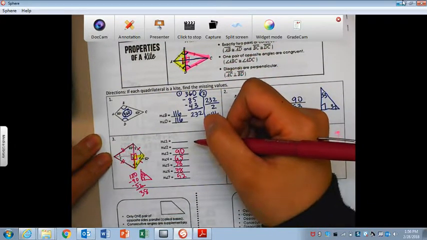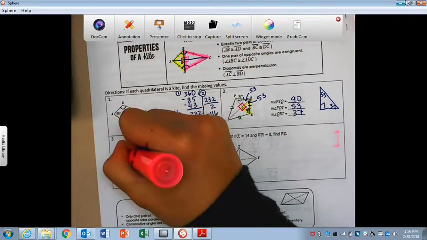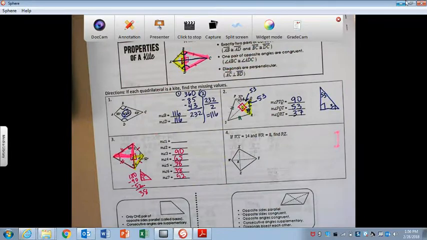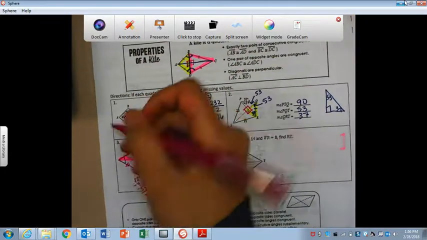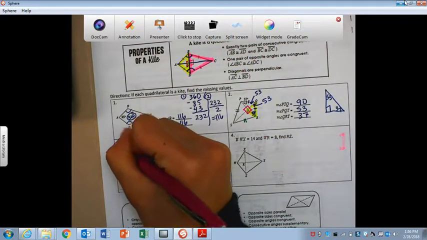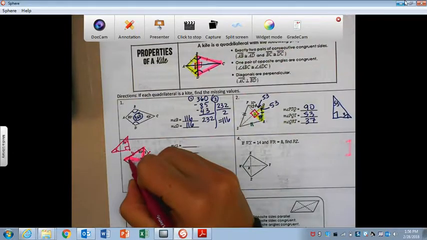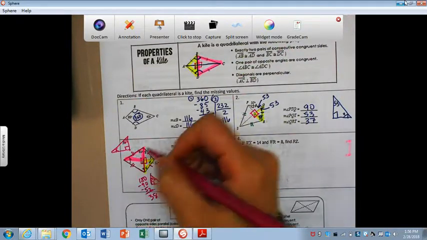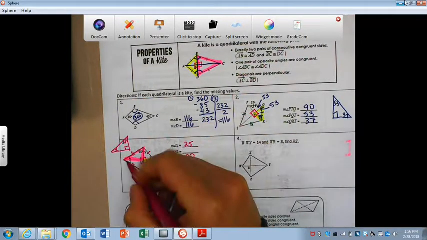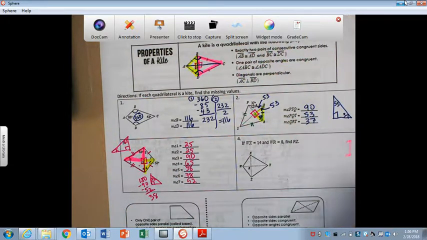For this one, I'm going to highlight this triangle, and then I'm going to talk about that up here. So basically you've got a 90, you've got 65, and you've got X. So what's left over for that triangle is going to be 25, and because that's the same triangle, this is also going to be 25.